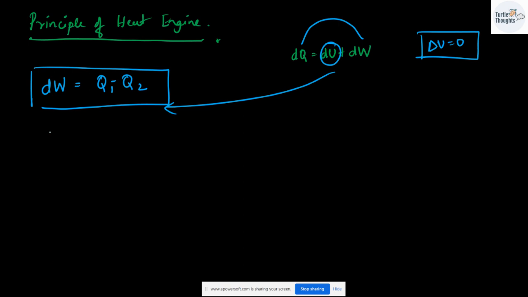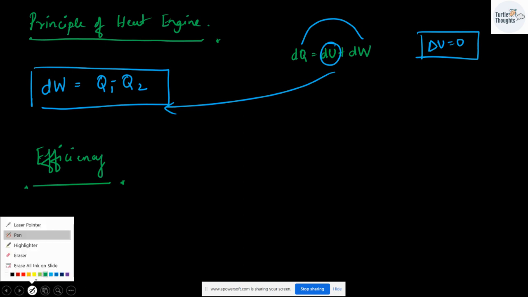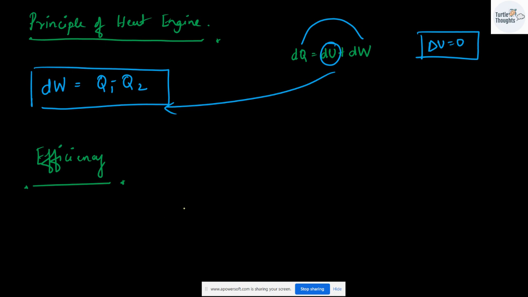Next, we have efficiency. Efficiency of a heat engine is defined as the ratio of net work done per cycle by the engine to the total amount of heat absorbed. If I have to write it in the form of a formula, it is represented by the symbol eta.